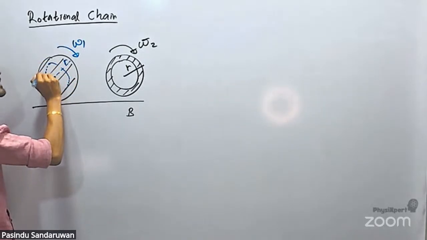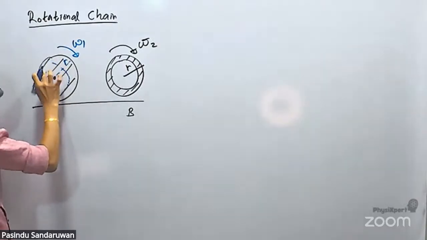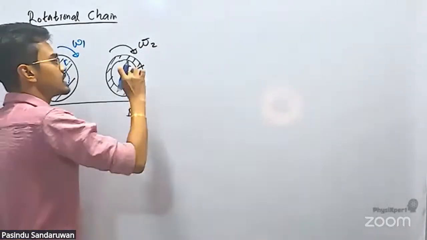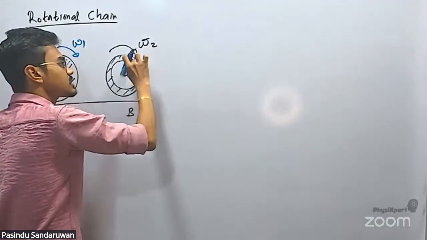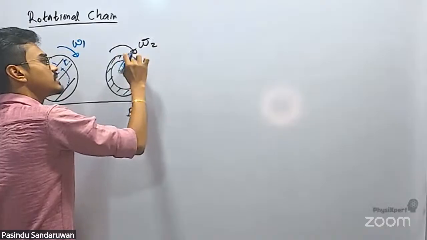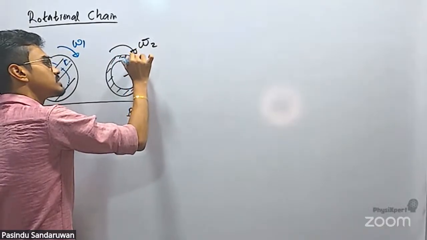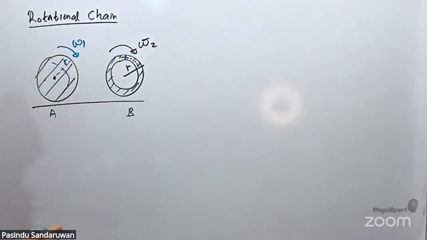In this case, mass is distributed only in this part, from here to here, so the point of mass distribution is somewhere in the middle of that distributed mass.